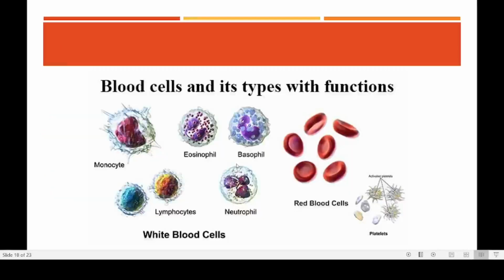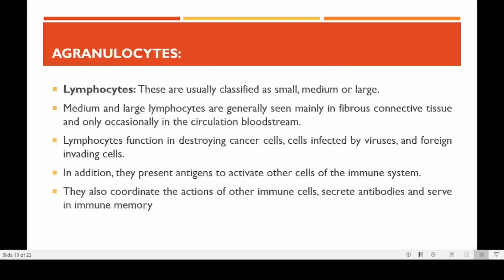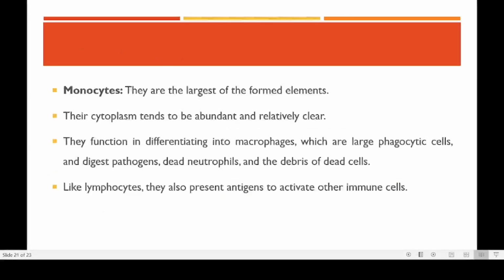Here in this lymphocyte, we have a very thin layer of cytoplasm. Here a thick layer of cytoplasm will be there. That is abundant, a lot of cytoplasm. So that is a peculiarity of the monocyte. Then the cytoplasm is also relatively clear, very watery.